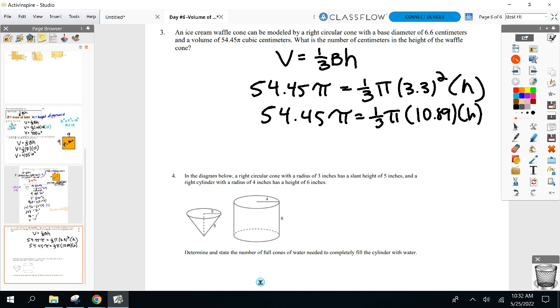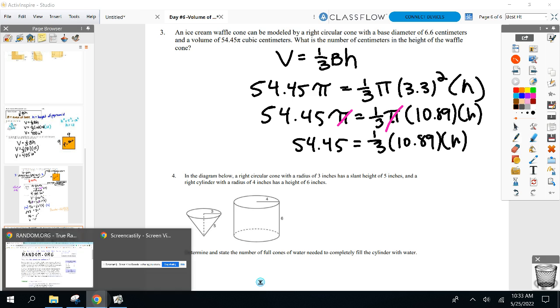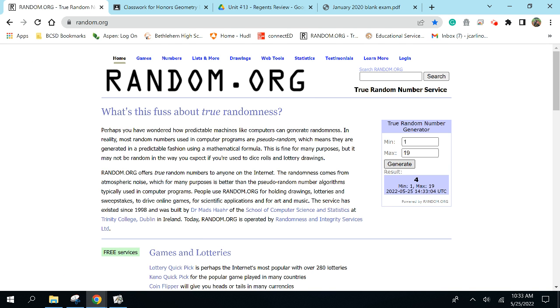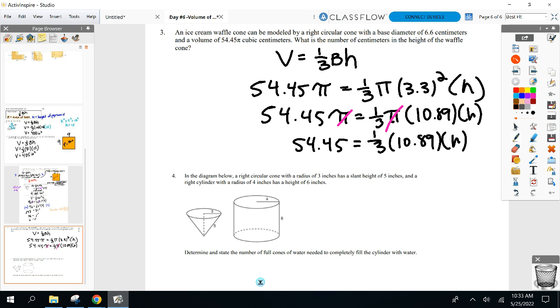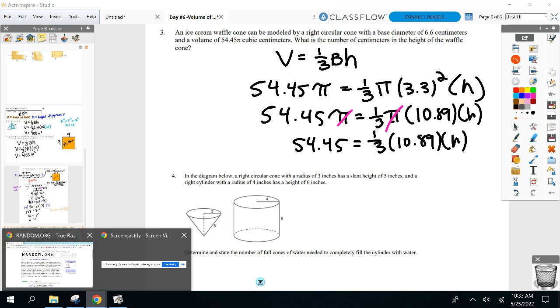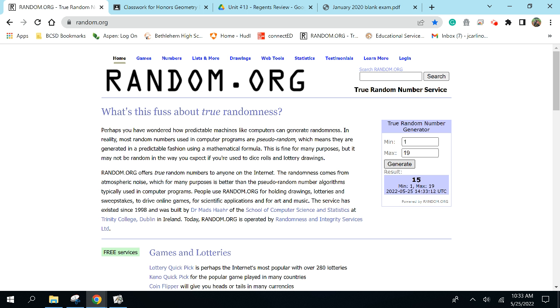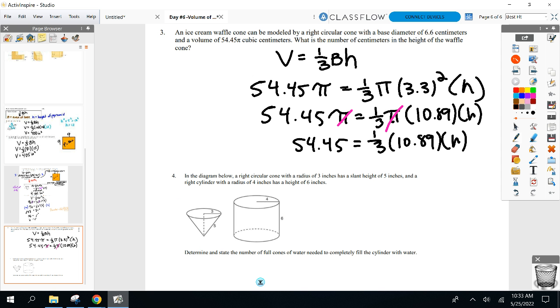And we know the pi's are going to cancel out. Your next move. Divide both sides by 10.89.